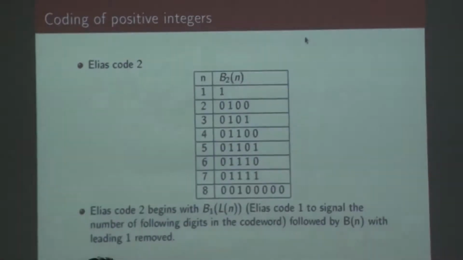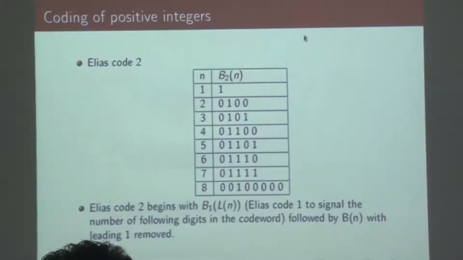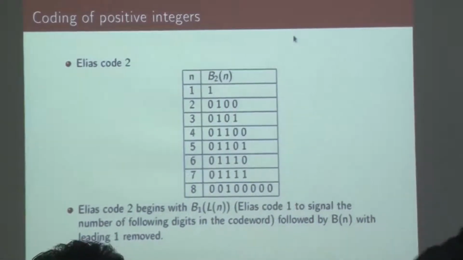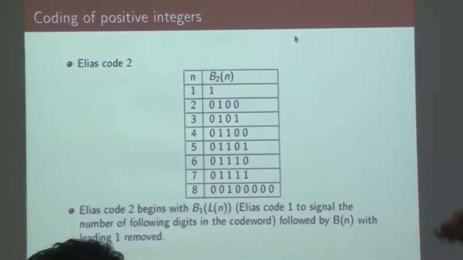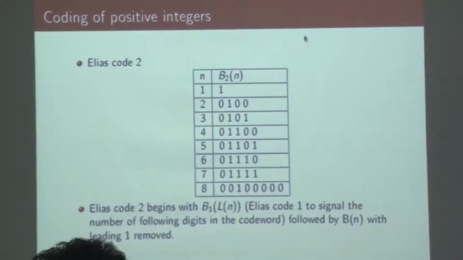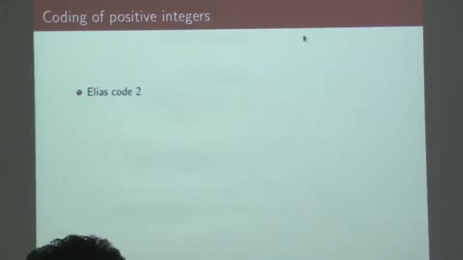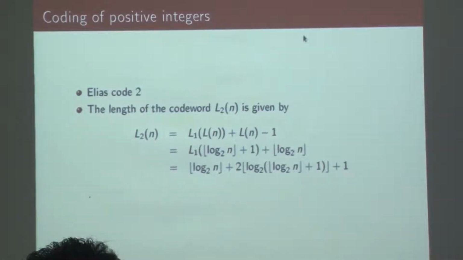Let us compute the length required. Why are we using the B1 code to signal this, instead of leading zeros? Let us compute the length. First part is the B1 code of the length. So, the number of bits required is the length of the B1 code to represent L of n, and the next part is the binary representation of the number with the leading 1 removed.